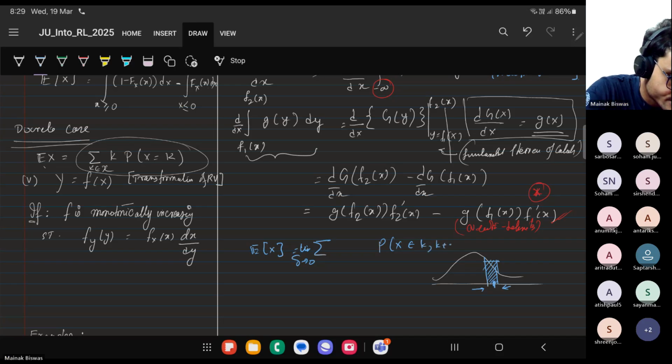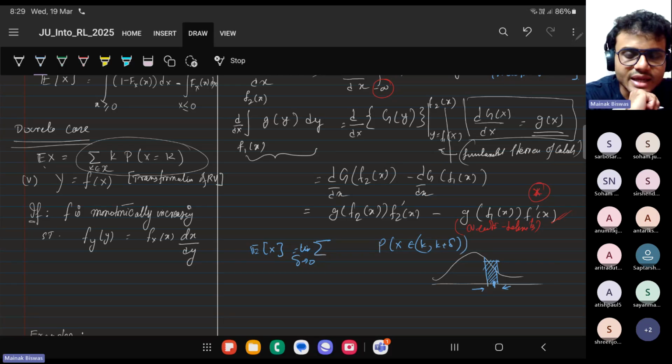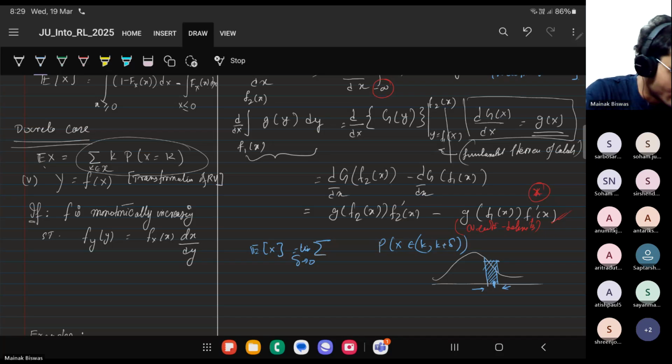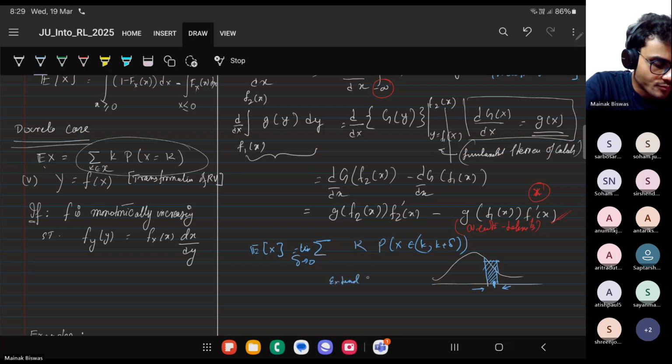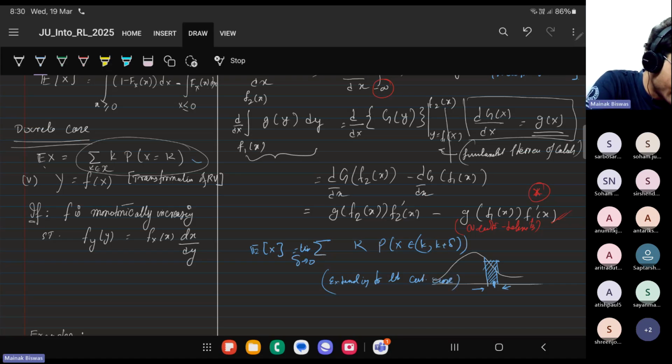Yes or no? Fine. P between k and k plus delta times the value of k. Yes or no? This is fine. This is just extending to the continuous case. I'm just extending this to the continuous case.